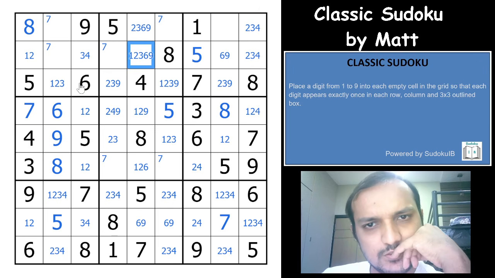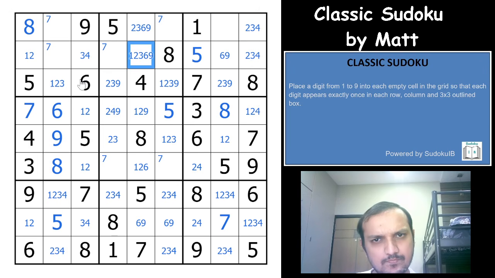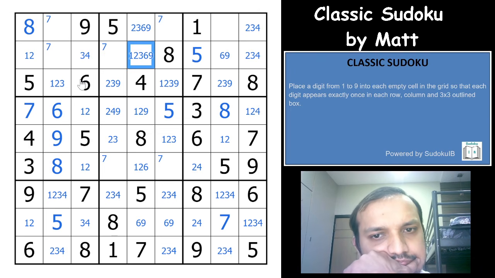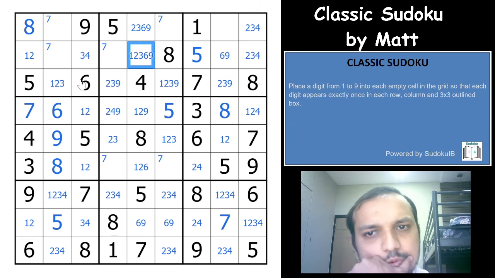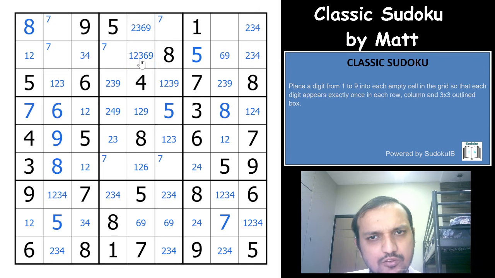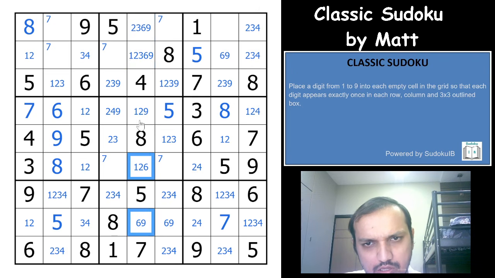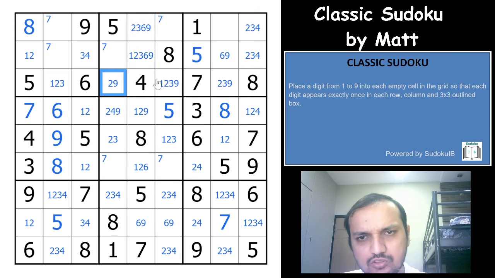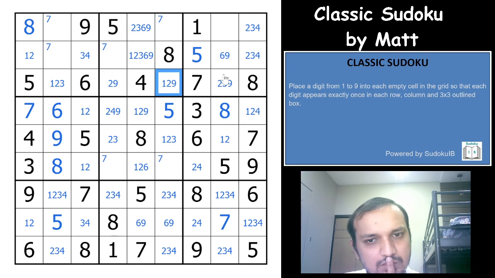Okay, so let me just see what I'm missing here. Oh, you have a pointing of 3 here in this column, cannot have anywhere here. So these two cells are not 3. That's nice.